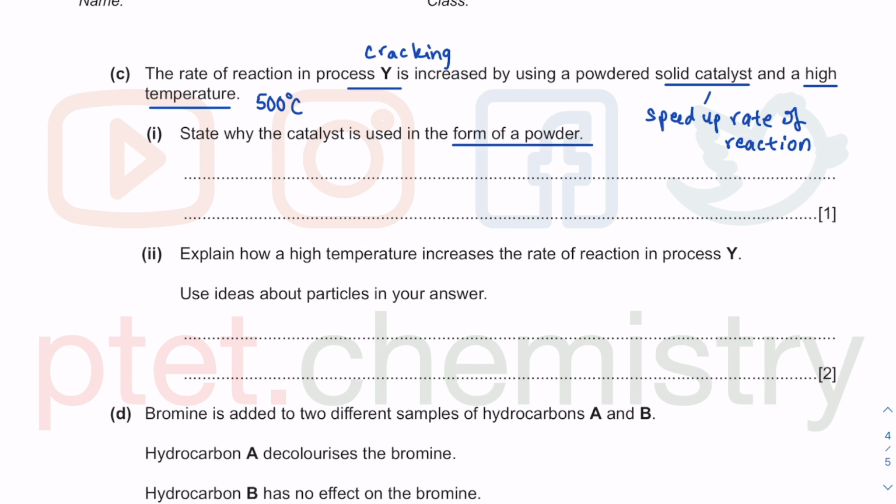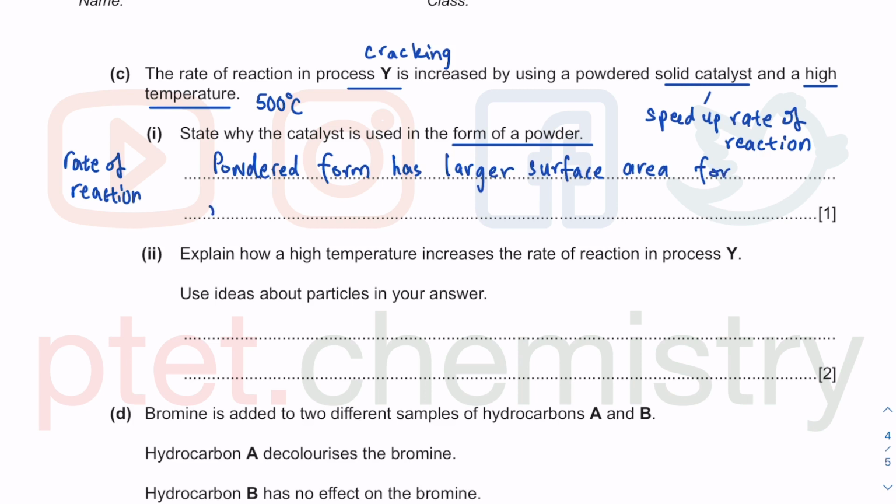Why is it used in the form of a powder? This is straight out of rate of reaction topic in the syllabus. So powdered form has larger surface area. This is larger surface area to do what?